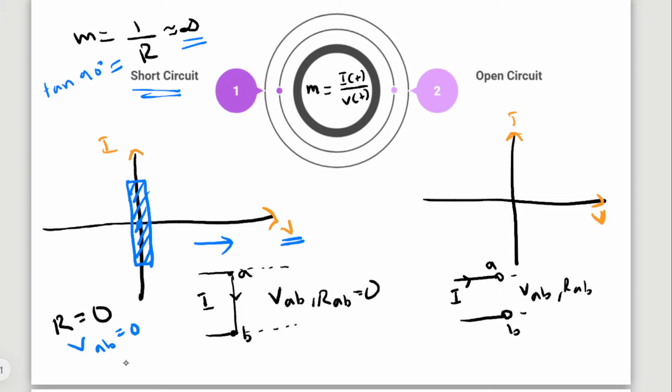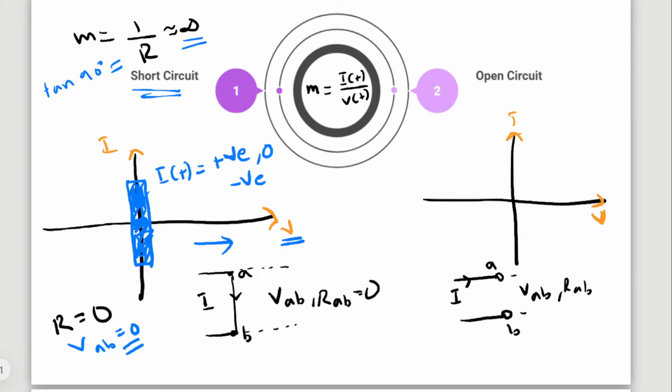So in short circuit, the voltage across the two points is equal to 0 from this graph. Now, the important factor is what is the value of i of t in short circuit. In this graph, I can see the i of t value can be either positive, or 0, or negative. This is very important.